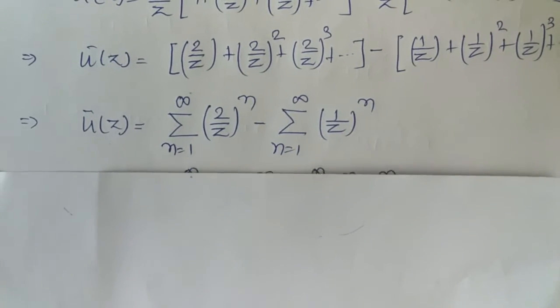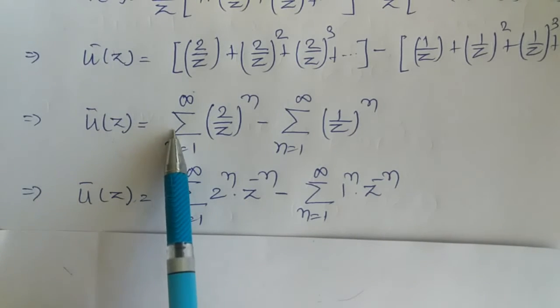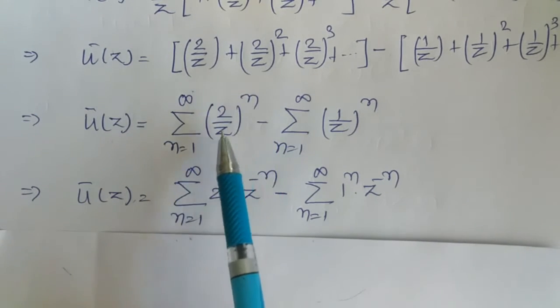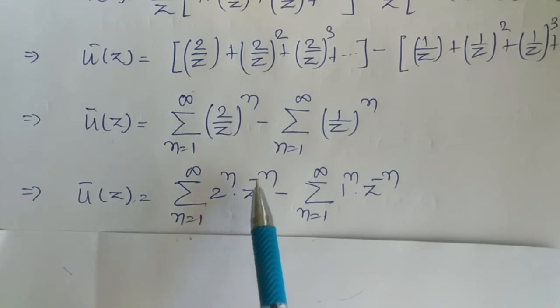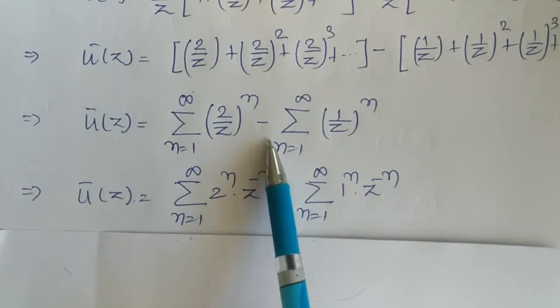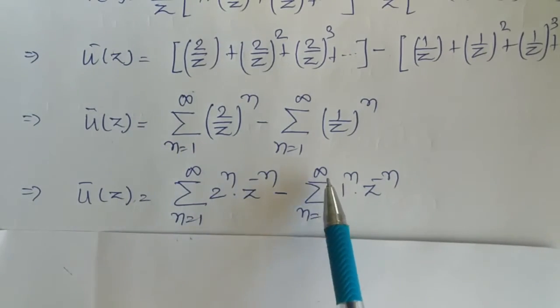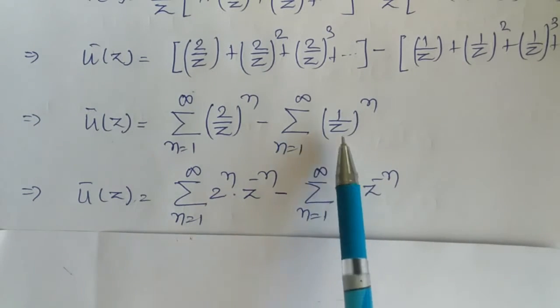Further we write u bar z is equal to summation n goes from 1 to infinite. This is 2 power n upon z power n. So we write 2 power n into z power minus n, minus summation n goes from 1 to infinite. This is 1 power n upon z power n.